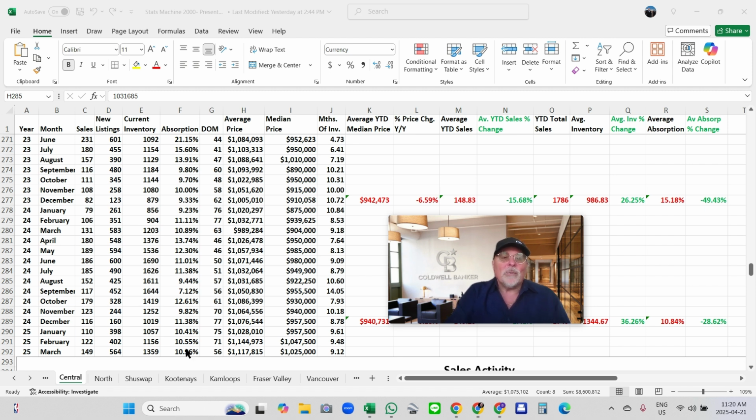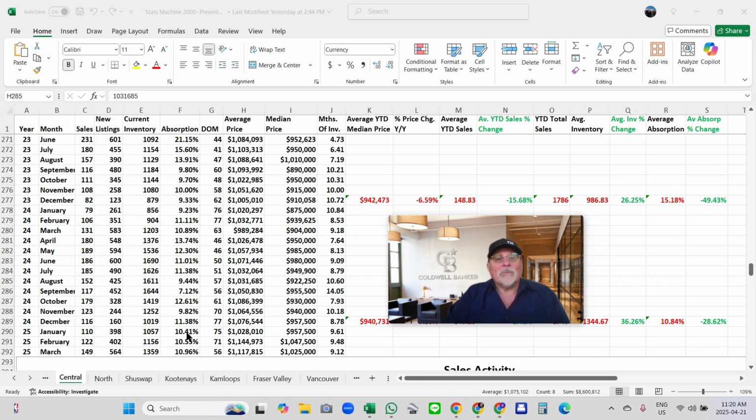So if you've got a 10.96% absorption and it is consistently lower than 12%, what that means is the supply coming onto the market is exceeding the demand. And we're probably going to see some downward pressure on prices.